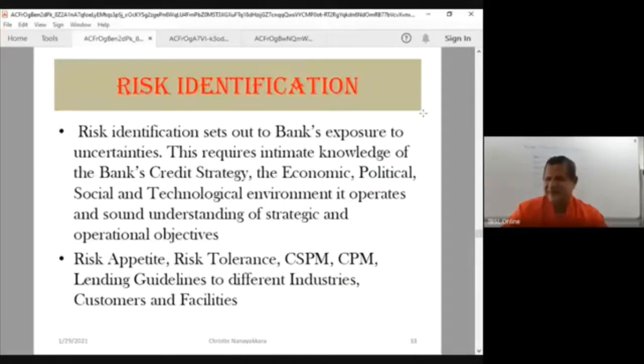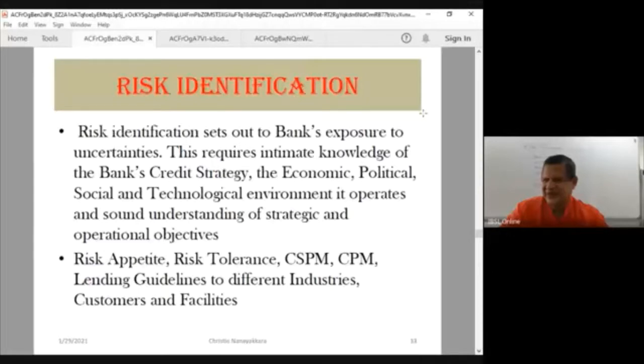So we'll take an example. Say your main line of business is vehicle imports, with customers who import vehicles as the main credit line of your branch. Now what has happened? There is a ban on vehicle imports. As a result, now you don't get business from your existing credit clients. So what do you do now?